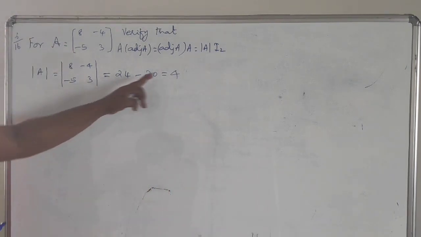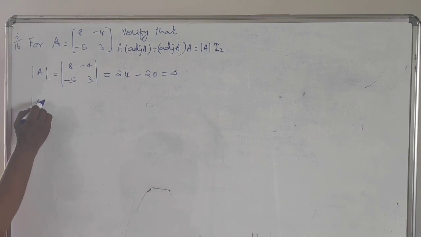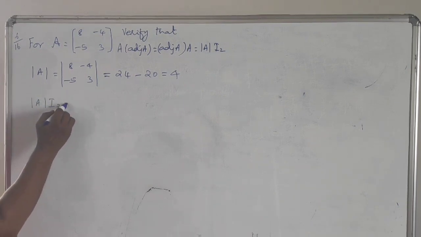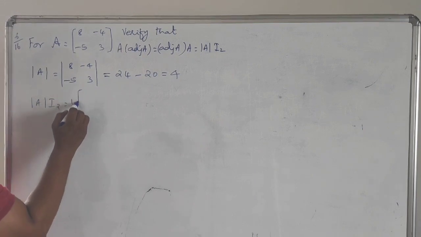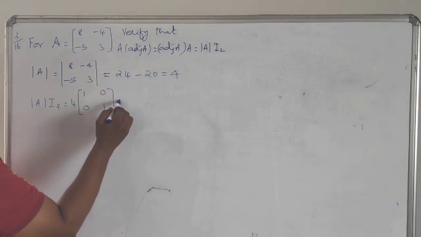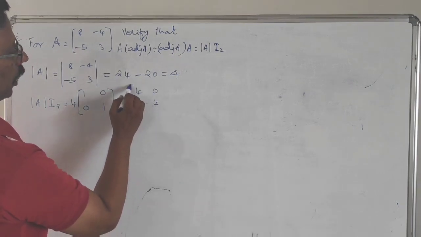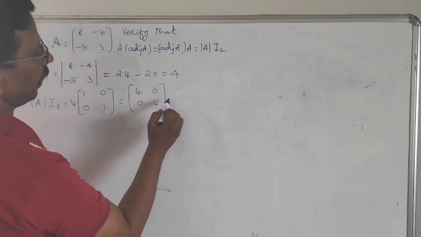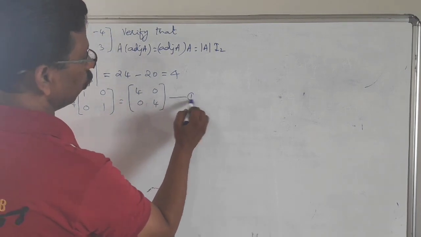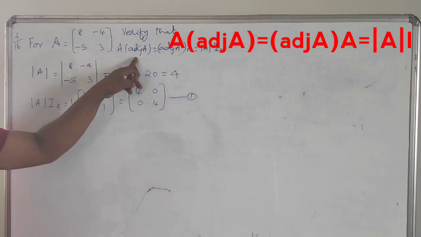Determinant A is equal to 4, we got it. Now after that we can find determinant A into I2, which is equal to 4 into I2, which is 1 0 0 1. Now which is equal to 4 0 0 4. Likewise we can find. Now we can take this as equation number 1. Now after finding this one, let us find adjoint A, then we can find the product.